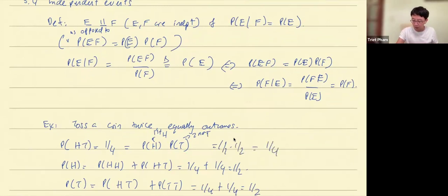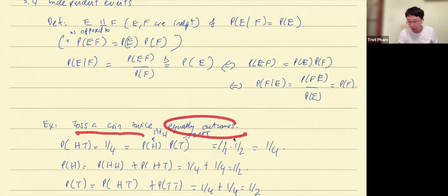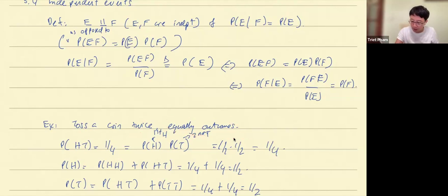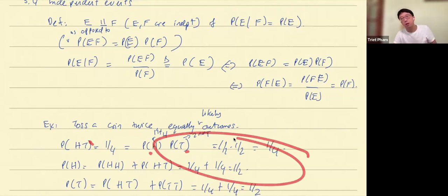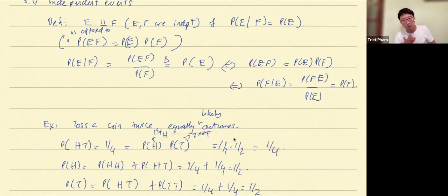Anyway, long story short, what I'm trying to say is, when you toss a coin twice under equally likely outcomes, then I can conclude that the events first head, second tail are independent based on my calculation. It's not an assumption.